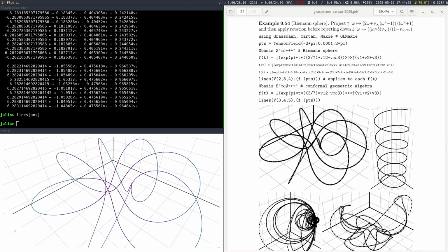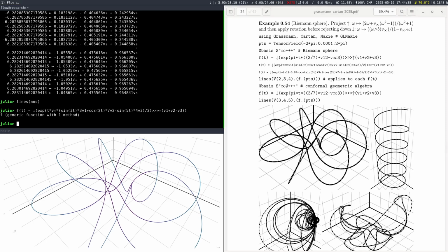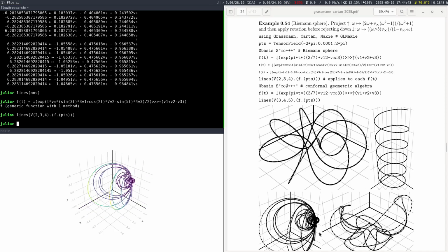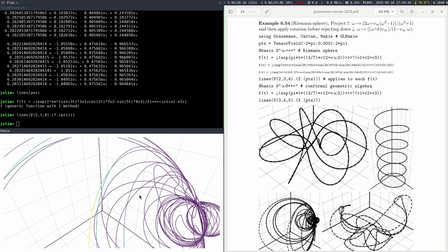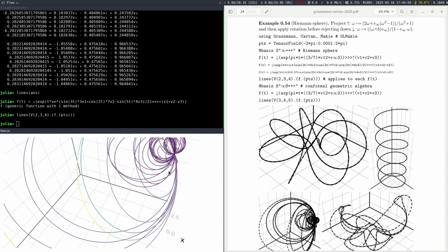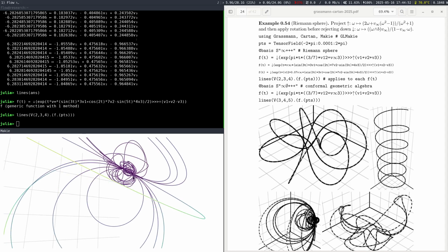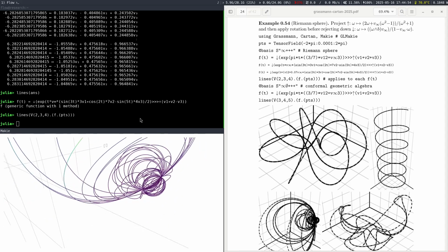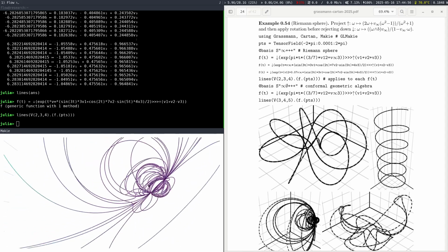Let's try another example. So that was another one of those examples that I had on my documentation page, right? So we can now get the results here as a tensor field and study it like that, right?